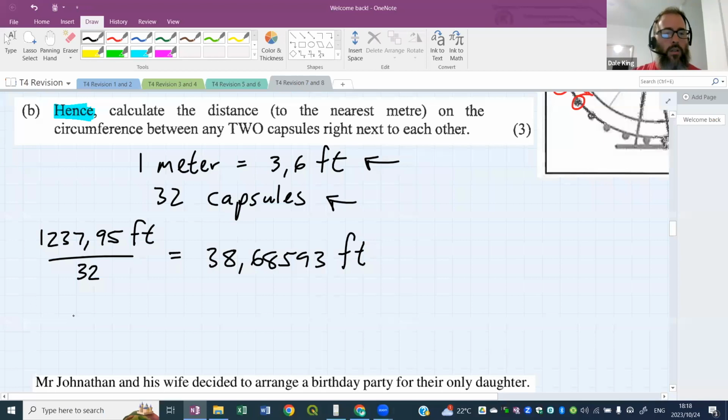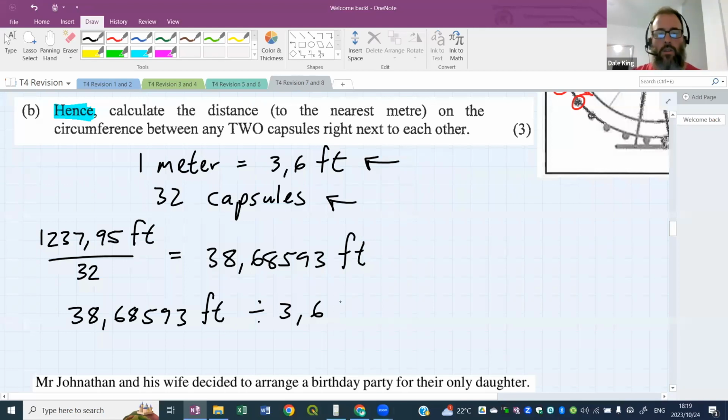But we need meters. And I said each meter is 3,6 feet. So I'm going to take 38,68593, the whole thing, don't round it off yet. And I'm going to divide it by 3,6 because each 3,6 of these feet is a meter. So I'm cutting it up into 3,6 feet pieces.